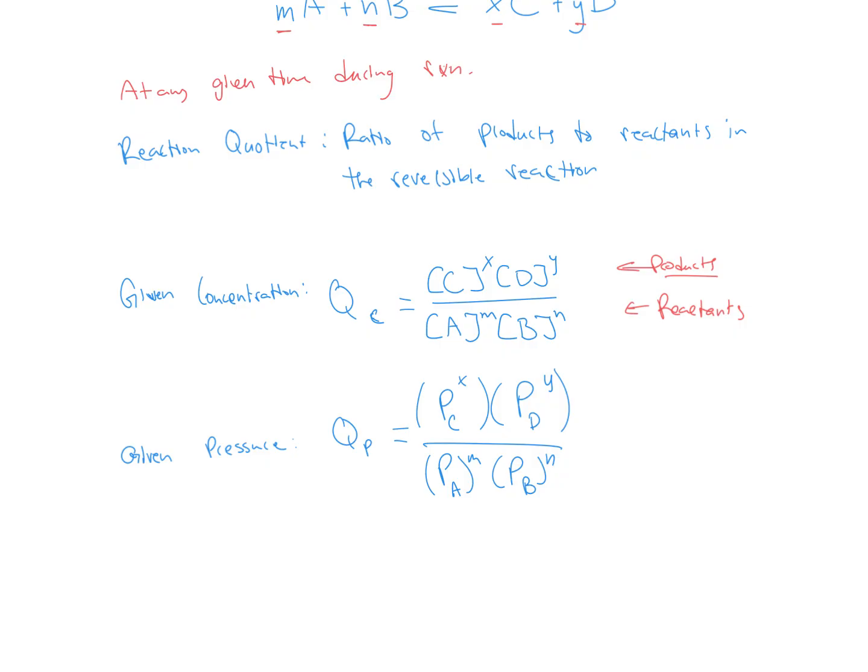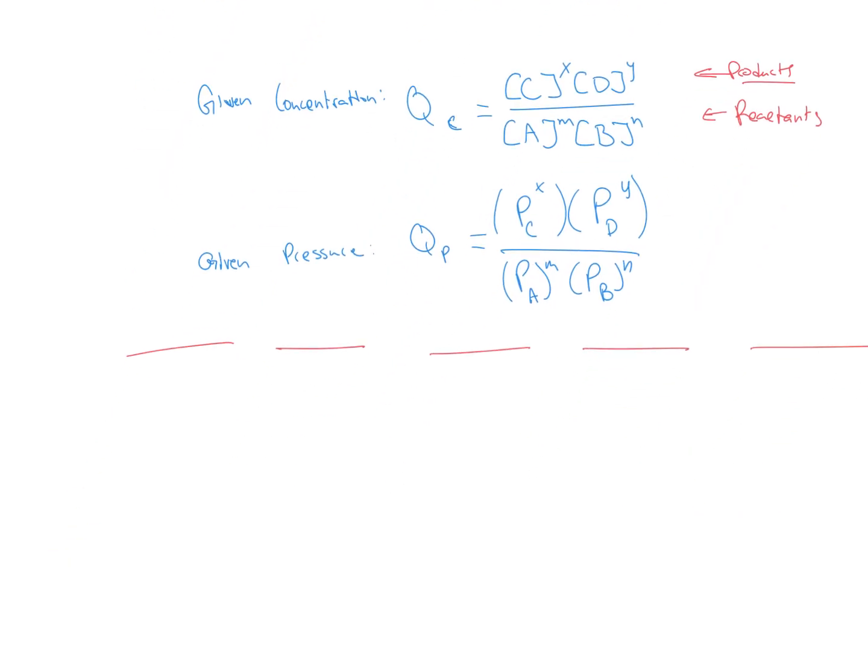Now, a very similar concept to this, as I said at the beginning, is the equilibrium constant. As you might imagine, this is only true at equilibrium, or when the rate of the forward reaction is equal to the rate of the reverse.